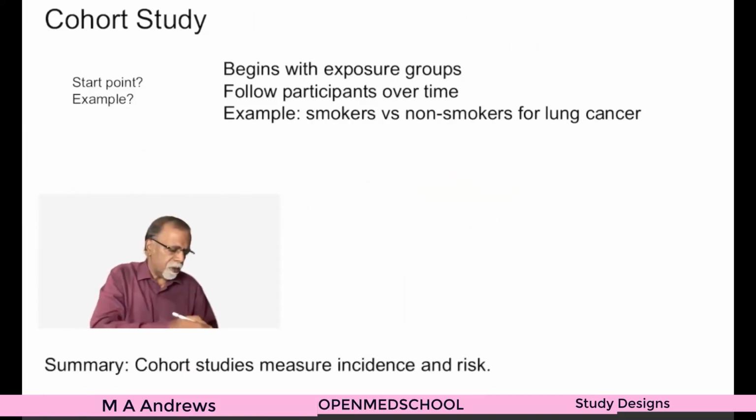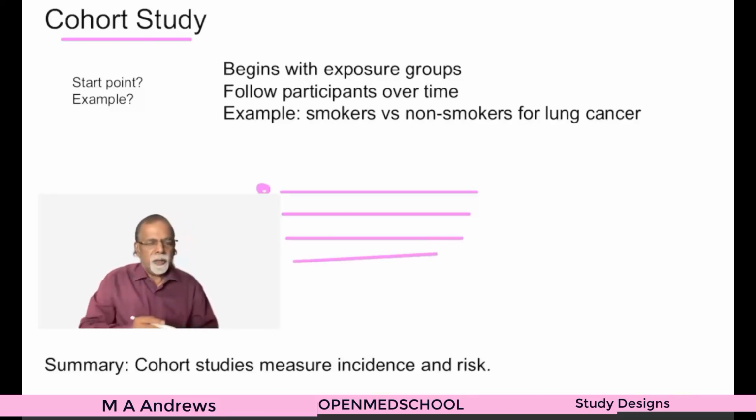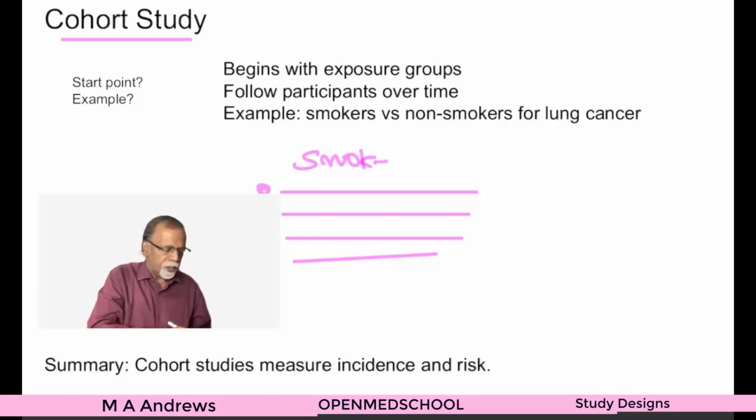And second is the cohort study. Cohort study begins with the exposure. So somebody is exposed or a population is exposed. You follow the participants over time. Example, smoking. There are smokers, there are non-smokers.